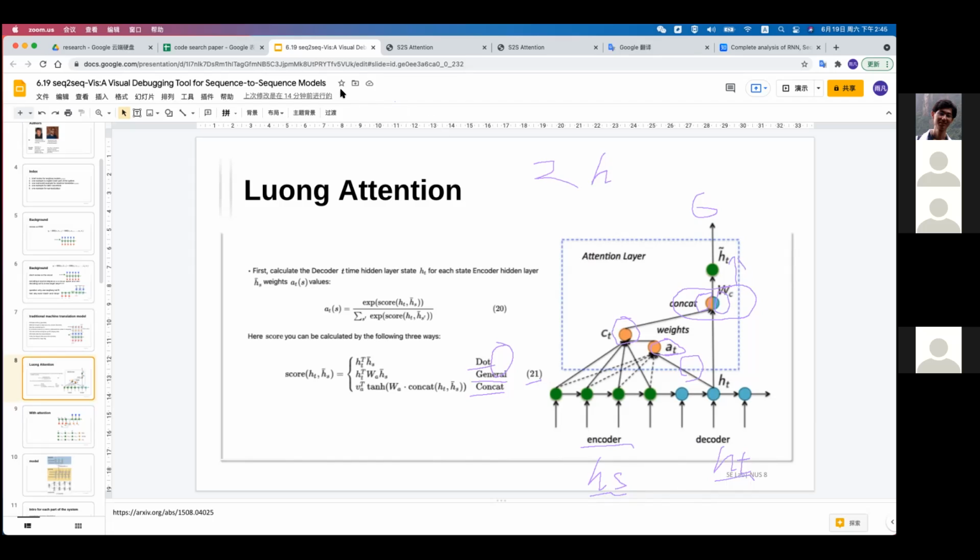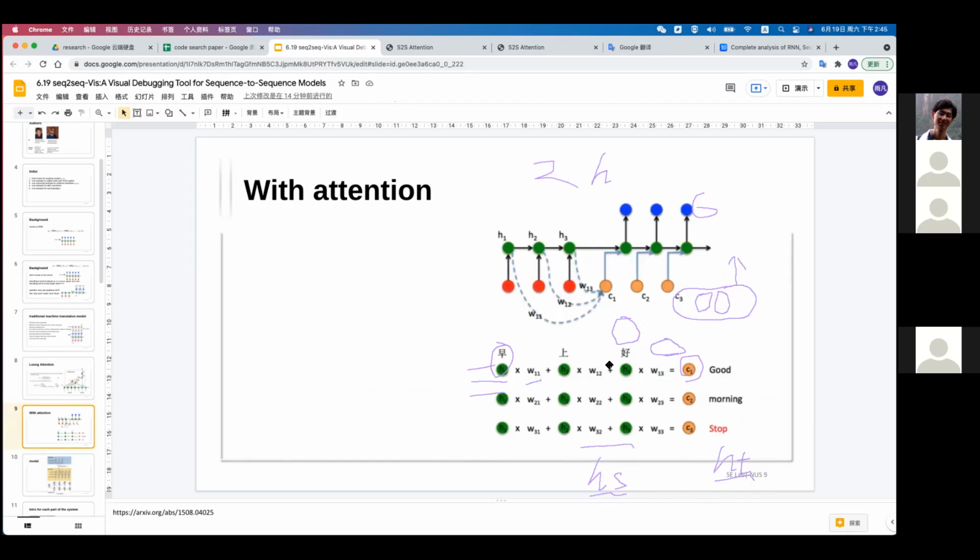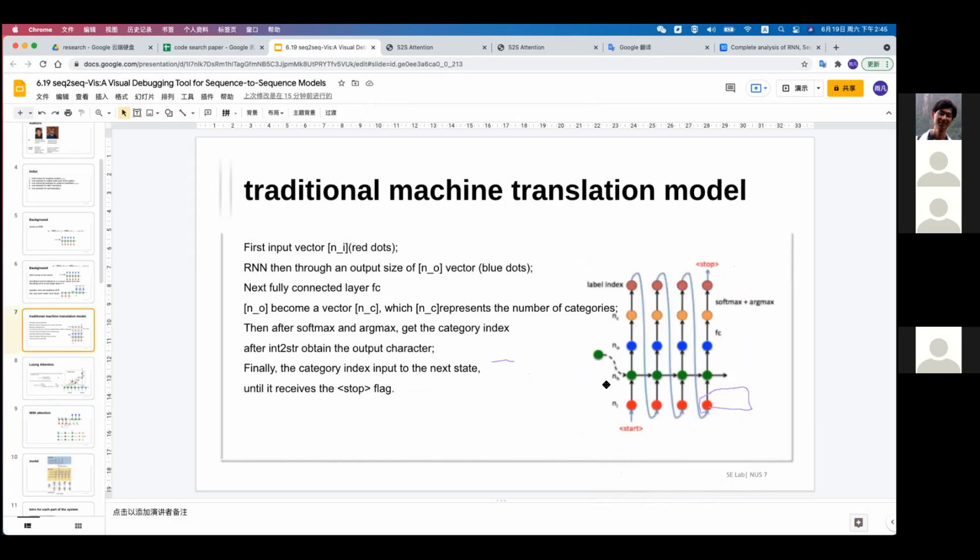In this scenario, zao in Chinese actually means morning in English. If we use the typical architecture, this word will not output good, because zao actually means morning.